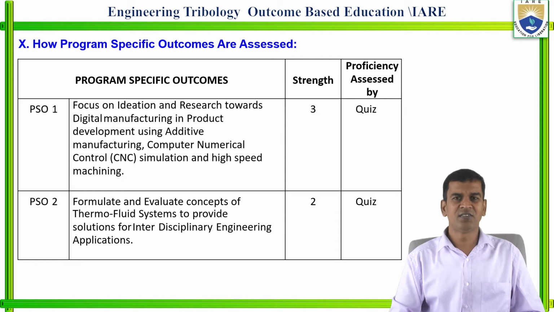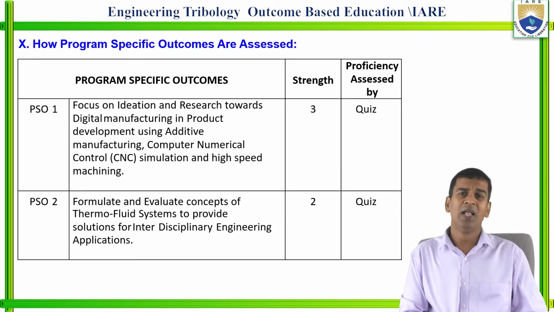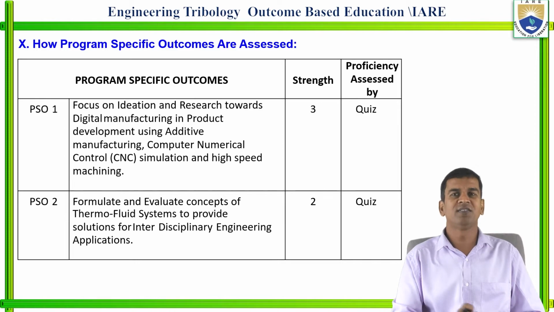When there is heat generation, there is a thermal effect. To remove that thermal effect, you have to use coolants or lubrication. In such cases, thermofluid systems will be developed in interdisciplinary engineering applications. So here the strength for this particular PSO is 2, and it is evaluated by a quiz.